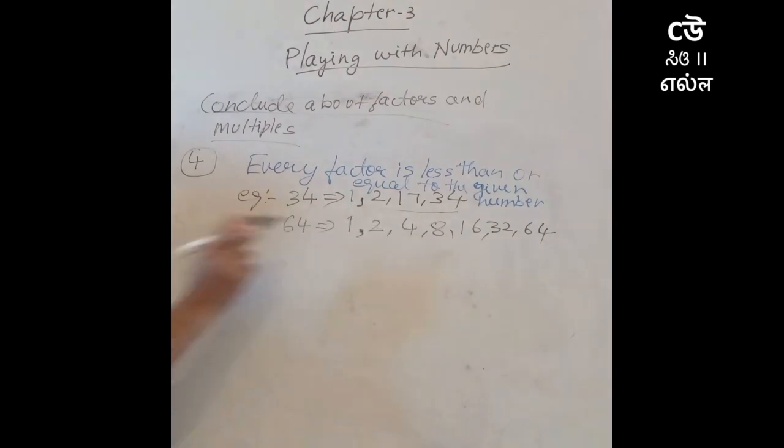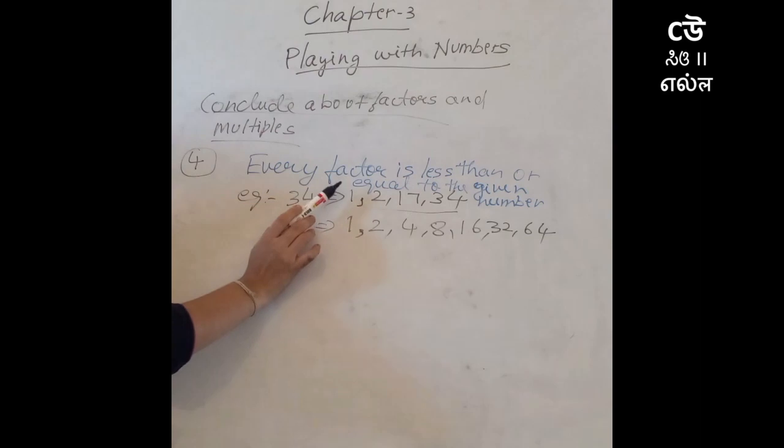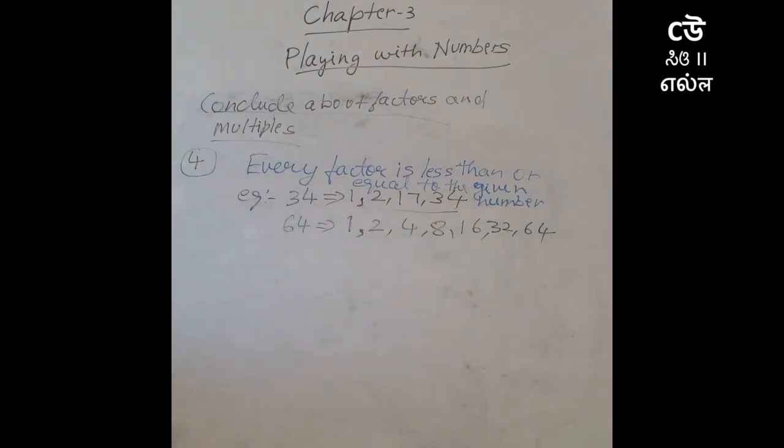Next, 64 is equal to 64. So what we have concluded is that every factor of a number will be less than or equal to the number. It can't be greater than that number.